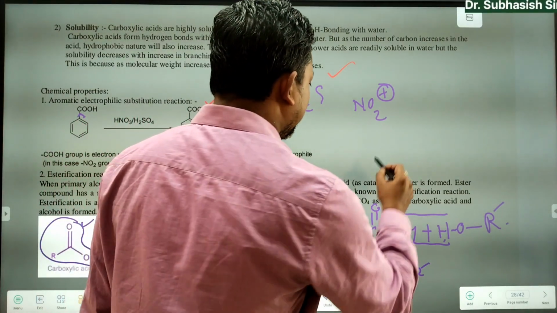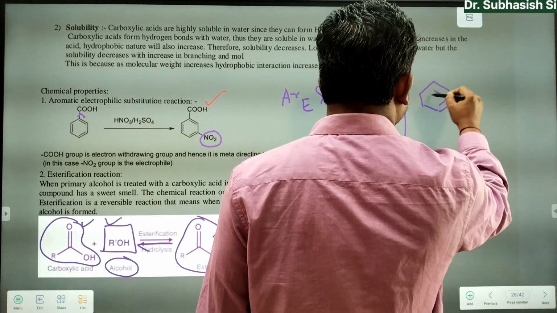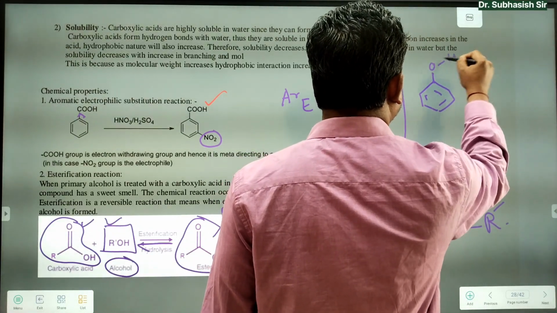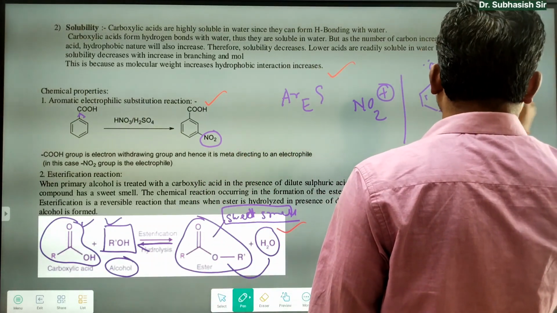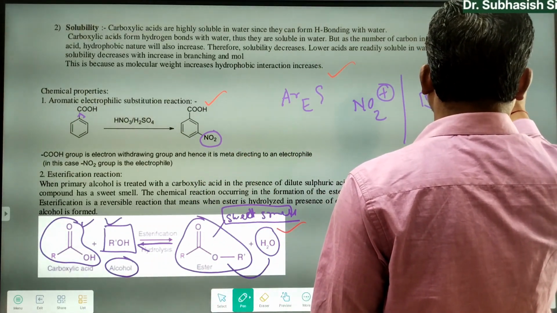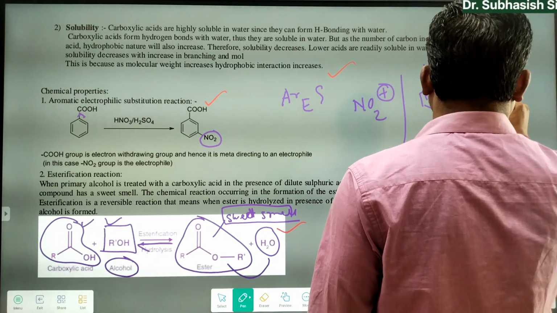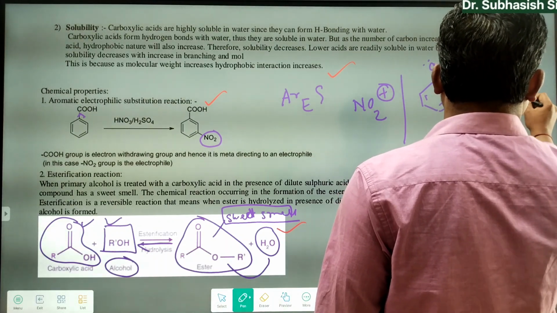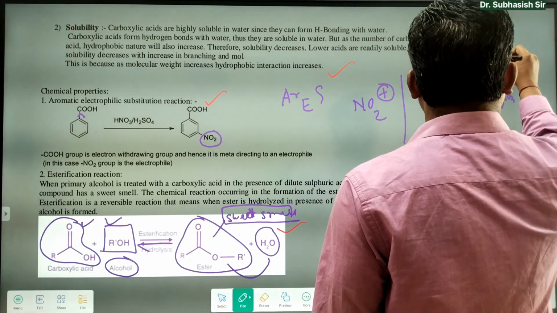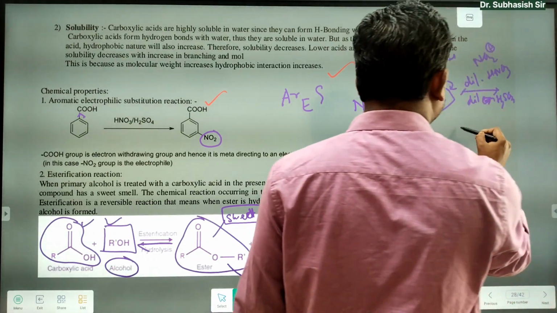The meta position. On the contrary, phenol is ortho para directing. In case of phenol, maybe you have studied this reaction: whenever you carry out nitration with dilute nitric acid and sulfuric acid, you will have the nitronium ion, but in this case phenol is ortho para directing.